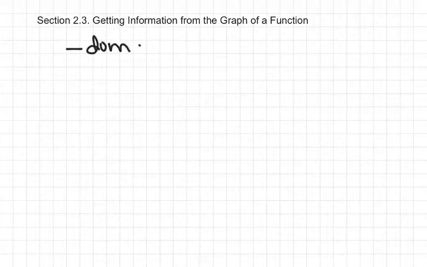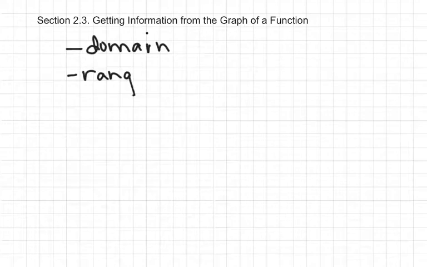In section 2.3, we started talking about getting information from the graph of a function. There are a couple pieces of information that we're going to get by looking at a graph, whether the graph is hand-drawn or we put it in our calculator. We're going to look at domain. Remember, domain is your x coordinates, your input.